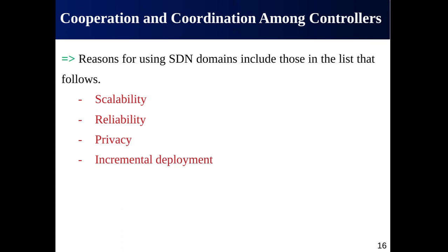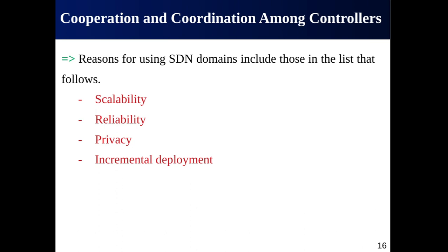So each one is responsible for controlling a non-overlapping subset of the data plane switches. And for that, they need to communicate with one another, meaning communicating among the controllers. That is the coordination, that is the cooperation.